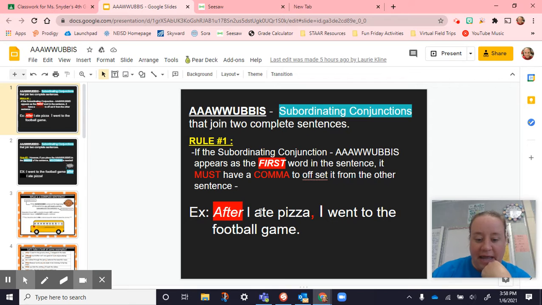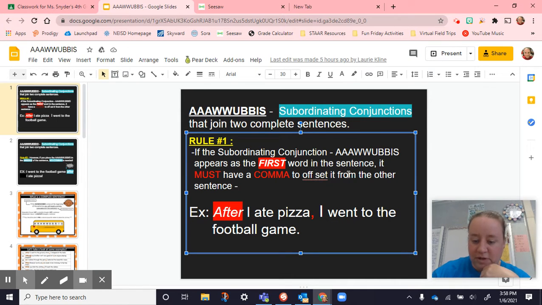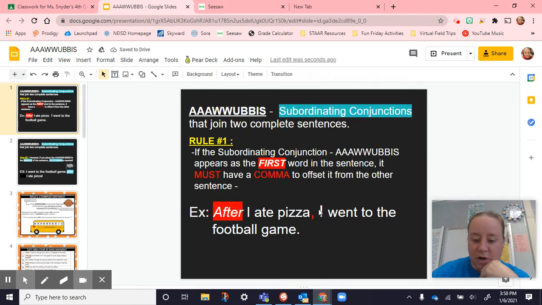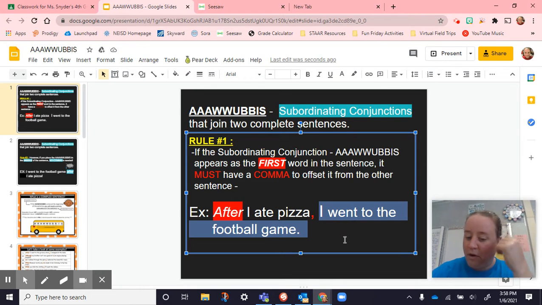So, after I ate pizza, that's the opener, comma, I went to the football game. It has to appear at the beginning of the sentence. It has the comma, and that separates it, kind of offsets it from the rest of the sentence.